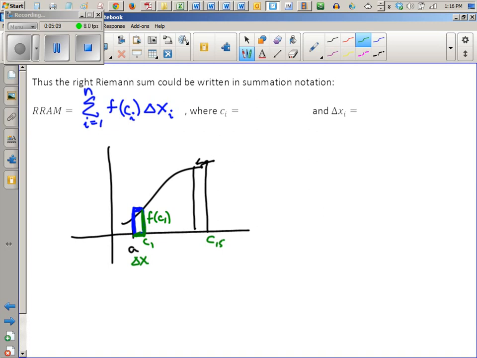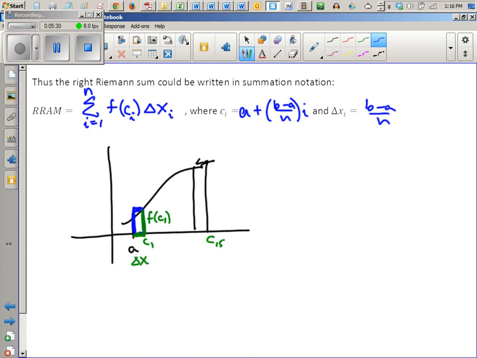Okay, so c sub i is just going to be a plus delta x added on i times. And delta x, remember we said on the previous page, is b minus a over n.